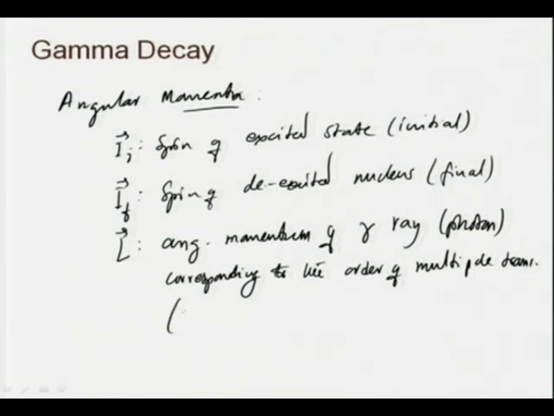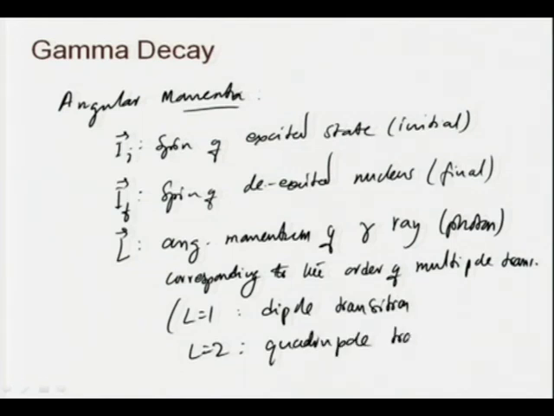For example, L equal to 1 corresponds to dipole transition, as I already said, and L equal to 2 corresponds to quadrupole transition. All right.